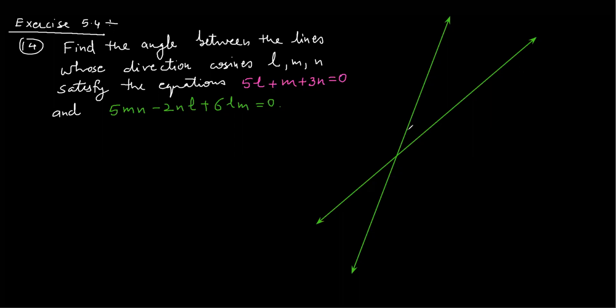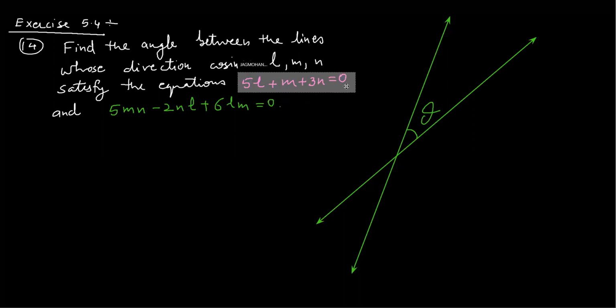Say the angle is theta. They give us the DCS of these two lines, whose direction cosines L M N satisfy these two equations.